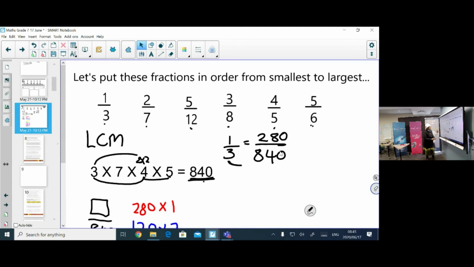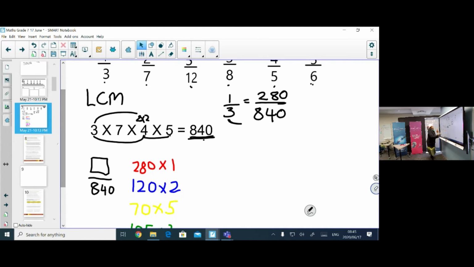So that is our first number there. So I'll write it here as 280 over 840. Remember, I'm not using an equal sign because those two will not be equal. I'm just putting the arrow to show you how much I'm getting there.